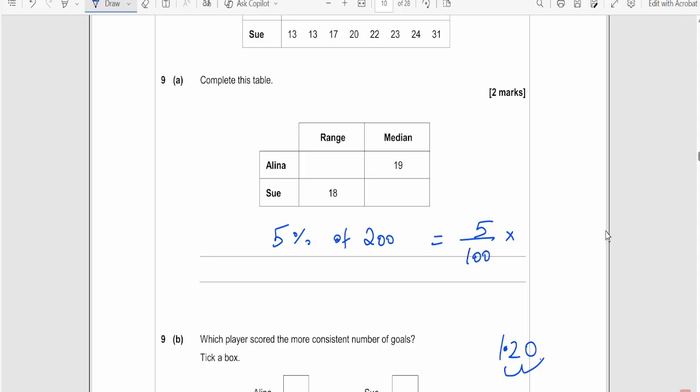So we do 200 divided by 100. Would that be 0.02? If you divide 200 with 100, these two zeros cancel out with each other. You just get 2, right? 2.00 is the same as 2, so you can just write 2. So then that's 10, isn't it? Yes, the answer is 10.